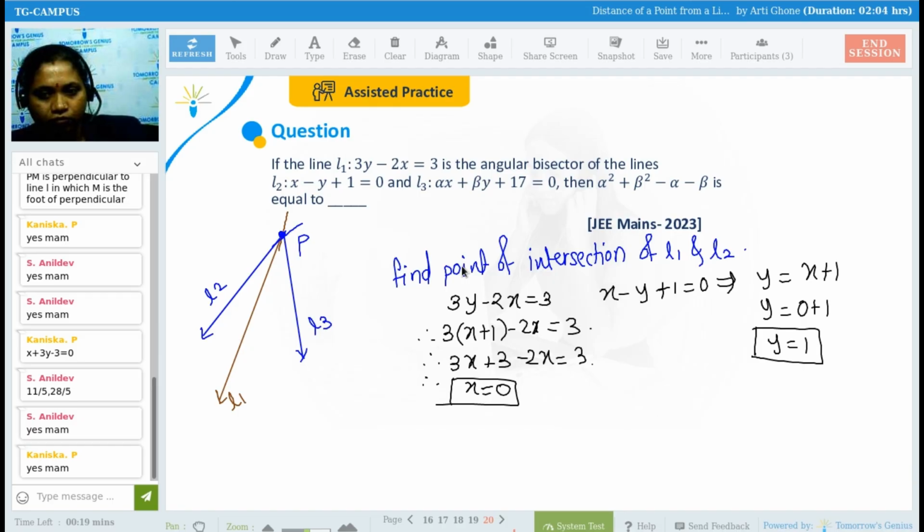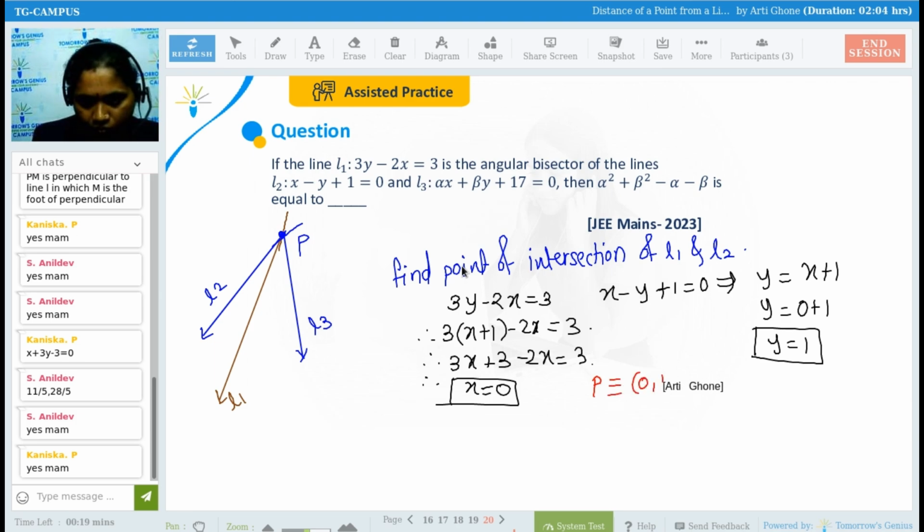Okay, we got the equation. Point of intersection P is equal to (0, 1).